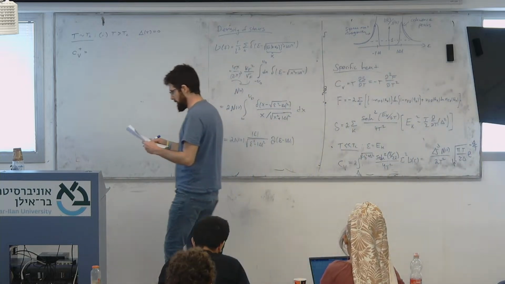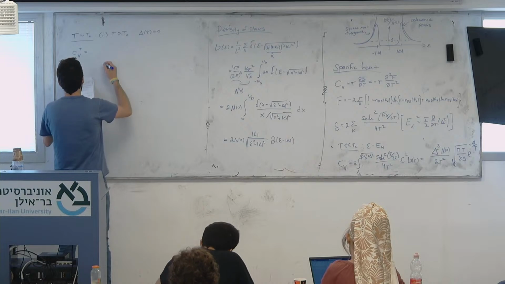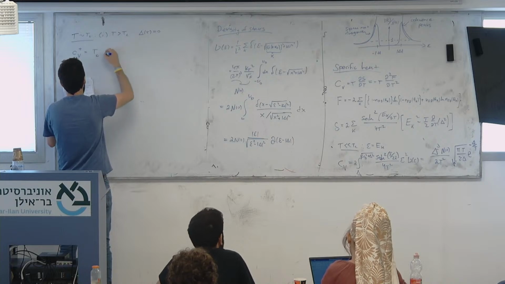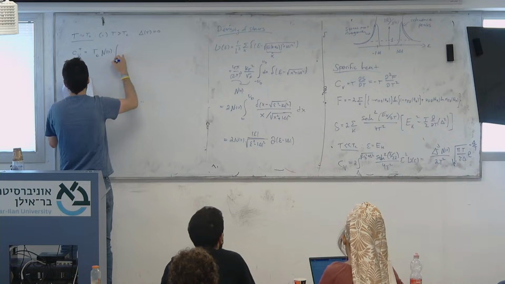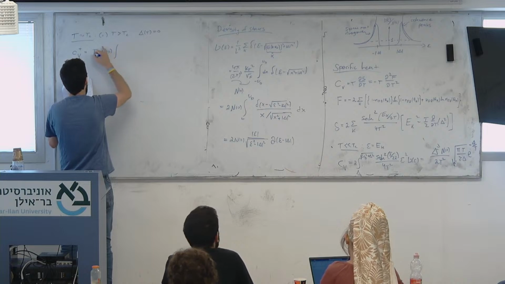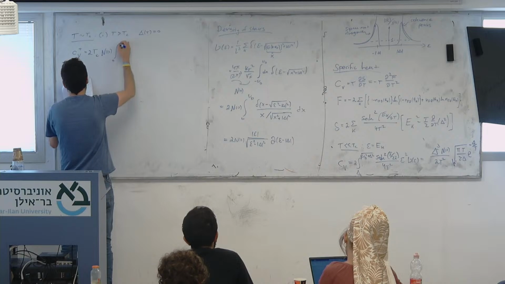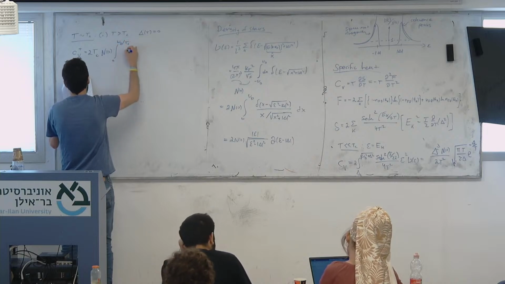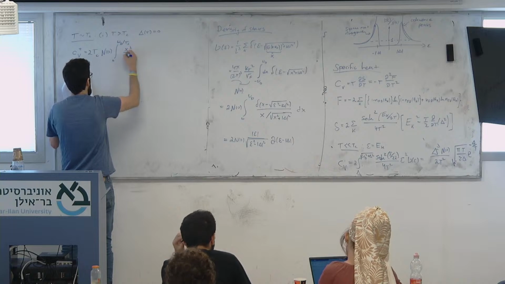So then one gets, because we're very close to Tc, N of 0 times the integral from 0 to omega D pi over Tc of 2 times x squared.